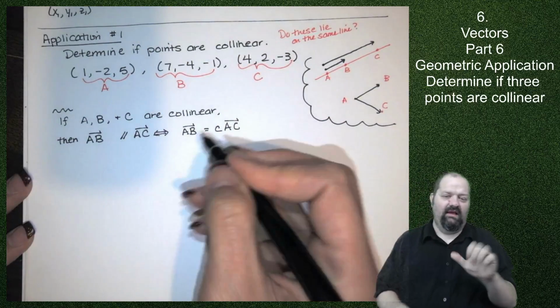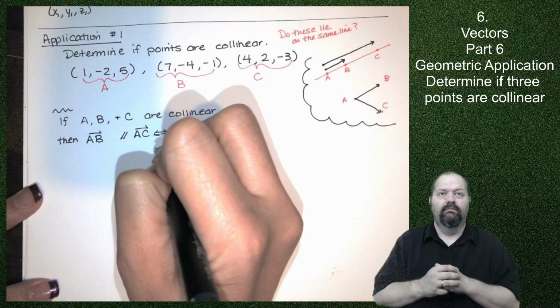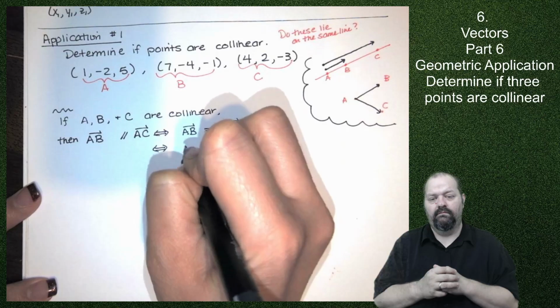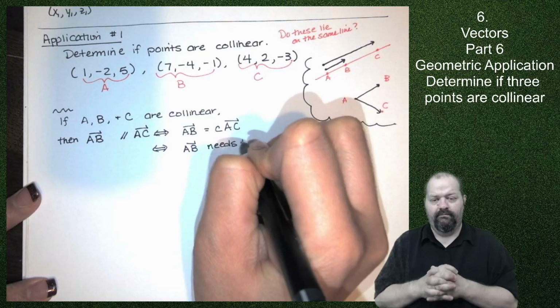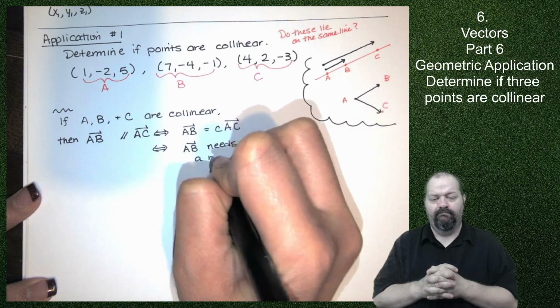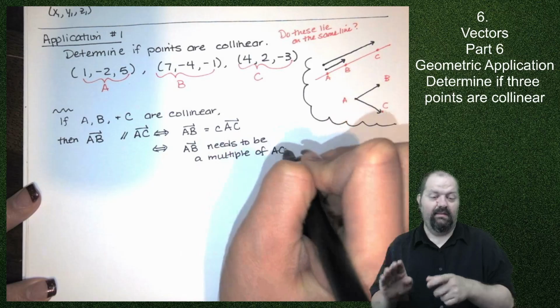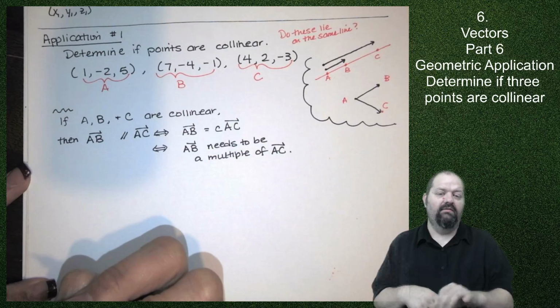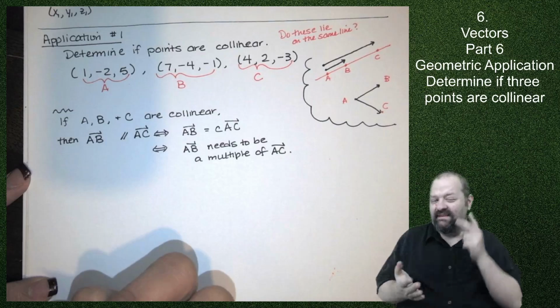Or the other way around, you could put the constant on either side, that's fine. Let's say it a different way: AB needs to be a multiple of AC if they are truly parallel. So let's see if they're truly parallel.